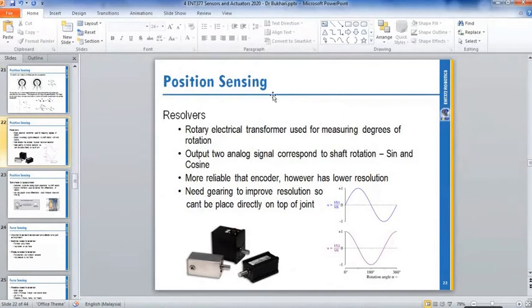This is position sensing. We call it a resolver, but this one is not famous for robotic arms. It's a rotary electrical transformer used to measure the degree of rotation. The output is an analog signal corresponding to shaft rotation, sine and cosine. It is more reliable than an encoder, however it has lower resolution.